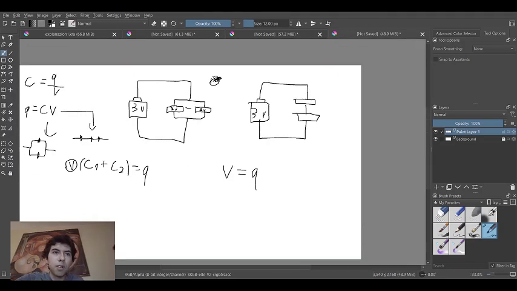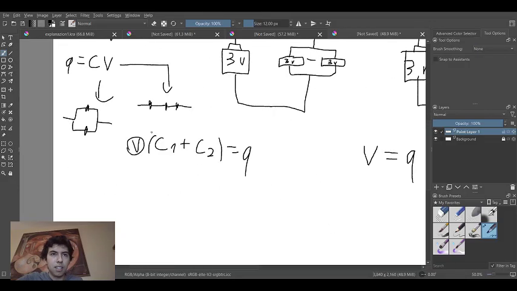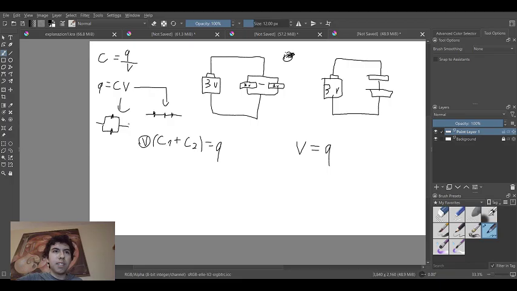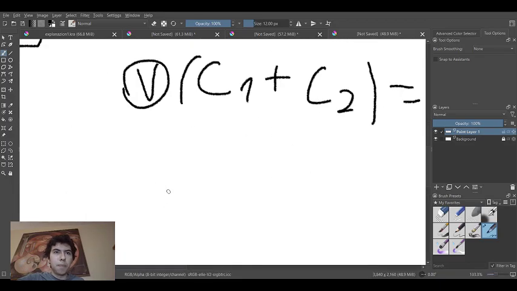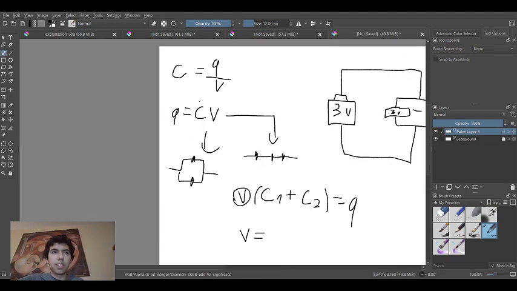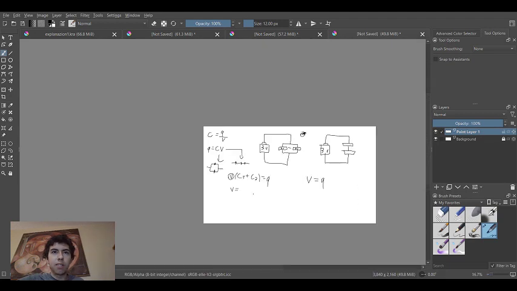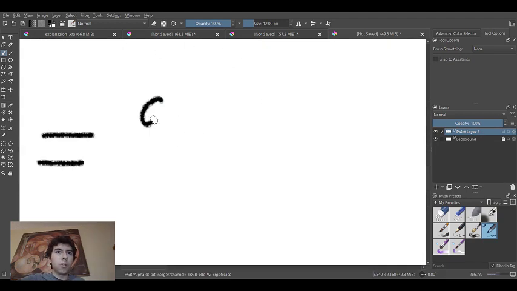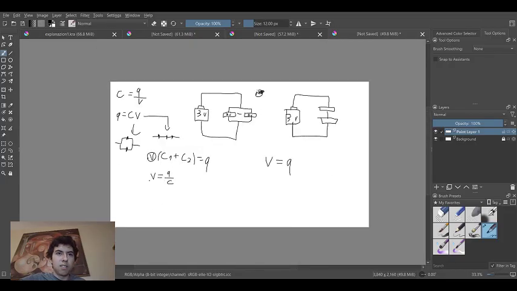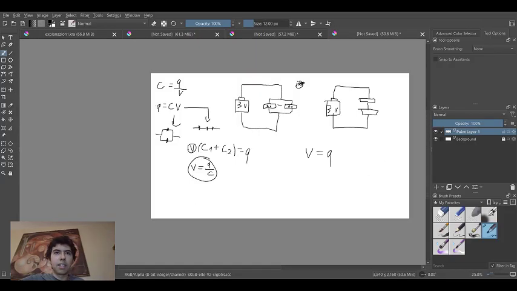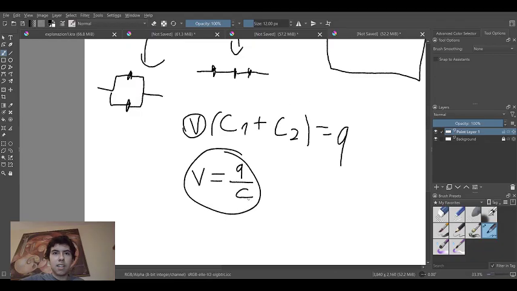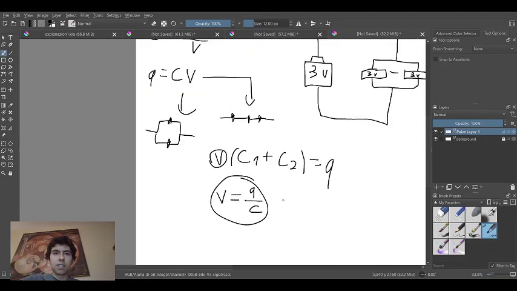So what we're going to want to do is essentially, if you have this, you're going to do V equals, you're going to take this one over here, and you're going to do Q over C. This is the equation that gets derived from this one, when Q is the constant.